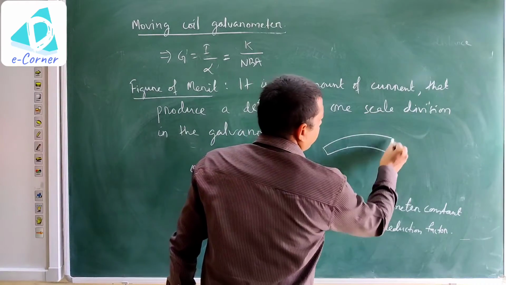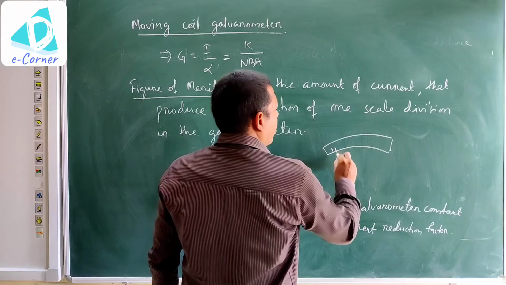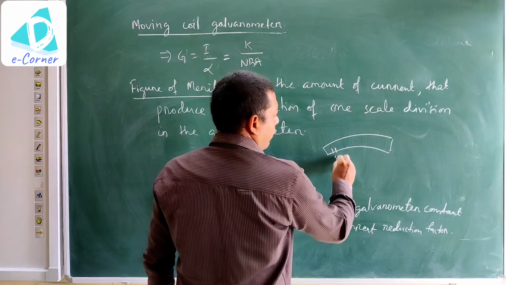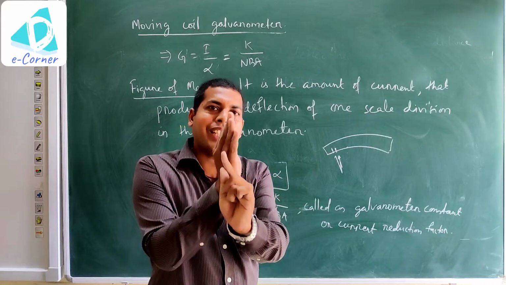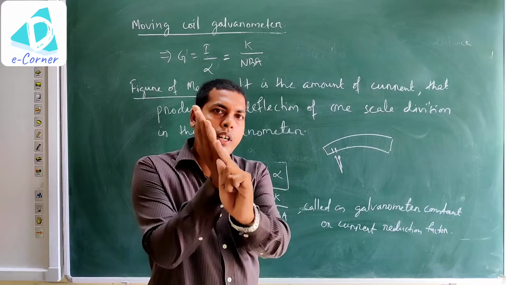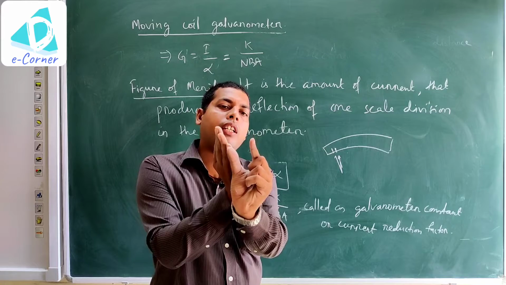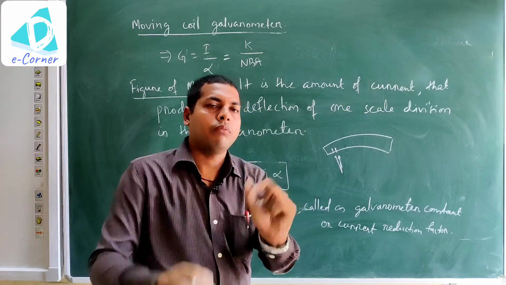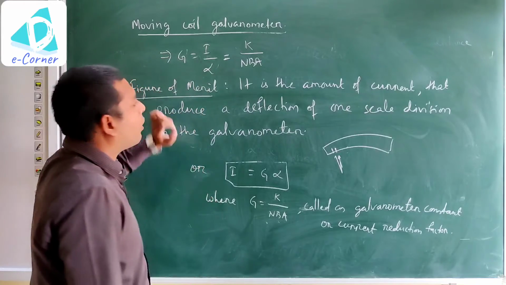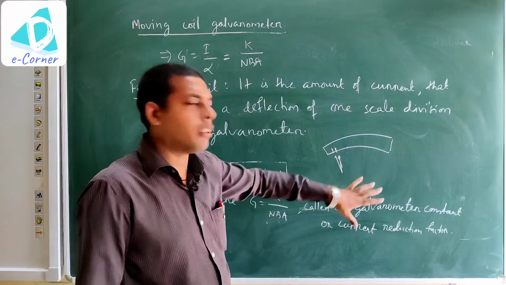galvanometer होता है इस तरह देखोगे. So one division के लिए डिफ्लेक्शन जितना चाहिए, one division होता है, one division के लिए पॉइंटर जाने के लिए करंट कितना चाहिए, that is the figure of merit of the galvanometer. Got it?